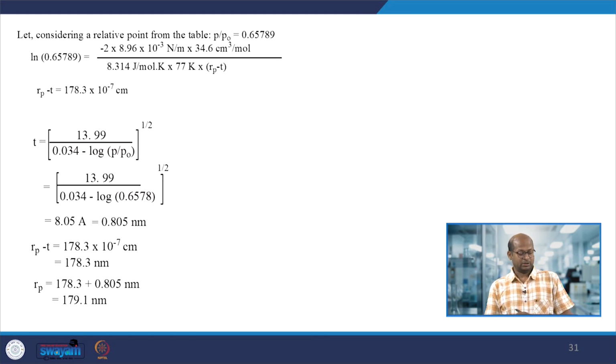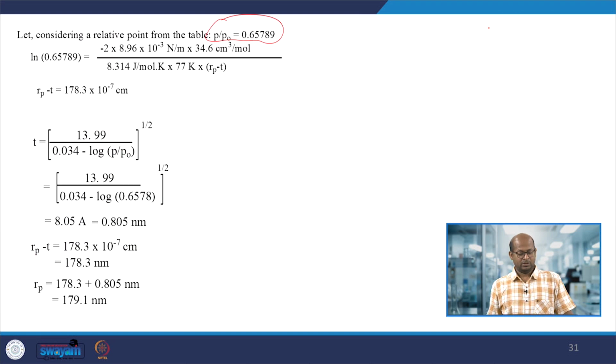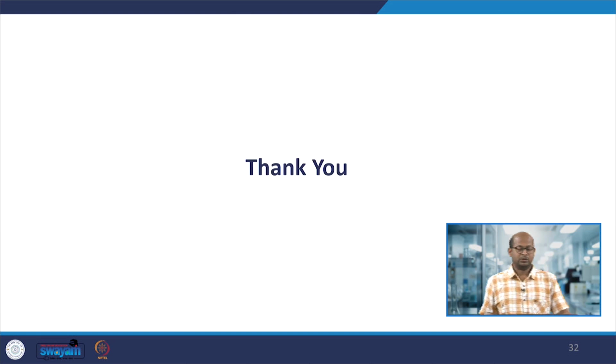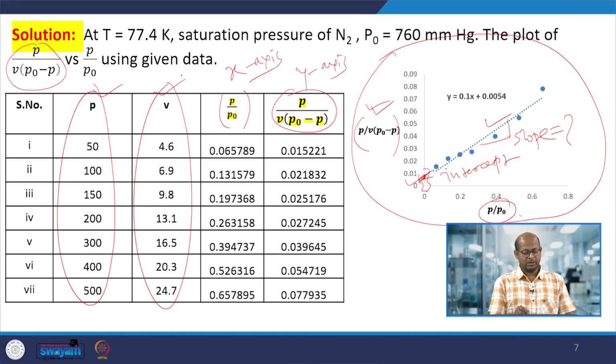Here it is given by considering different P by P0. It depends actually on the experiment. From the experimental results we get the volume of gas adsorbed against relative pressure.